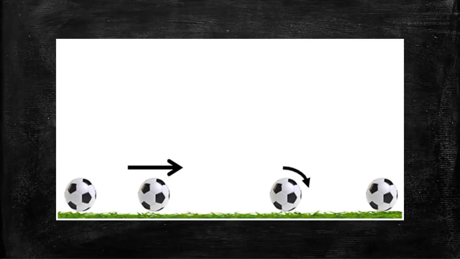Absolutely correct. Tell me why does the ball come to rest after some time? Very good. That means you are saying the speed after some time decreases and the ball comes to rest. Why does this speed decrease? Absolutely correct. Because of frictional force.